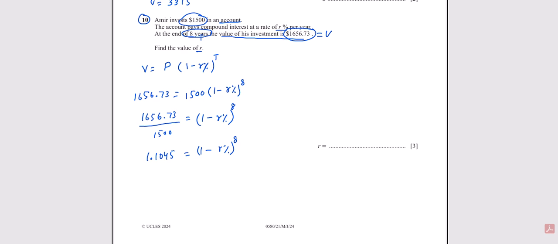Taking the 8th root on both sides because we need to find the value of R. The power 8 cancels with the root. Calculate this value, we get 1.0125 is equal to 1 minus r percentage.